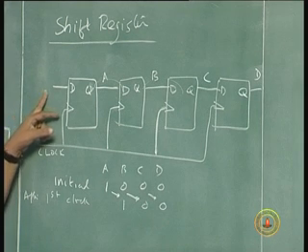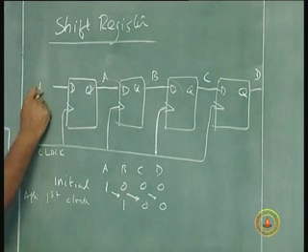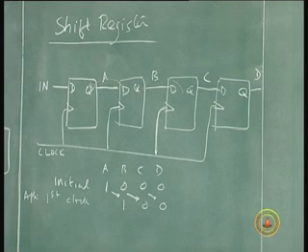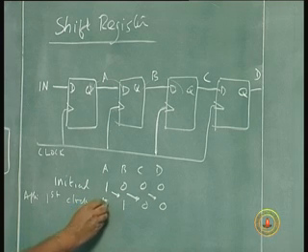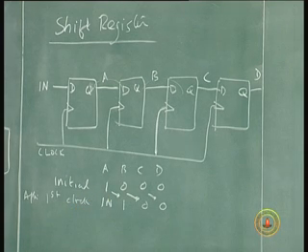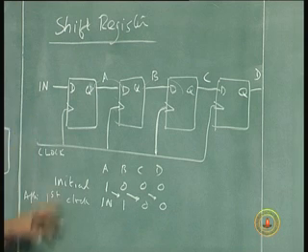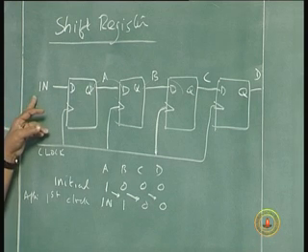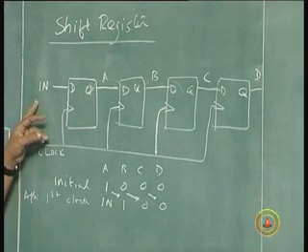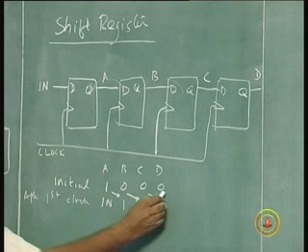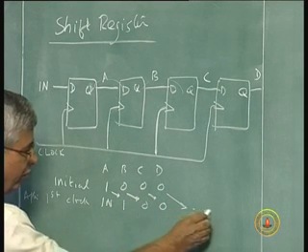Whatever I give as the input value, I will call it IN, that IN will come here. Is it not? The new value. And this 0 will be bumped off, gone.